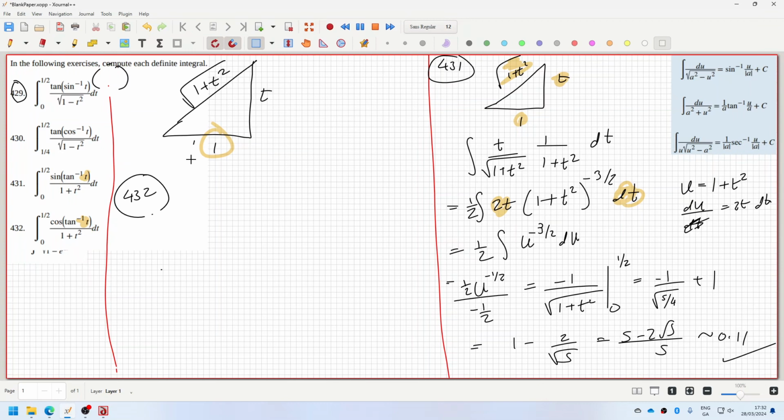I think we can do a switcheroo. We think about it like this, perhaps. Let's try and make some space here.